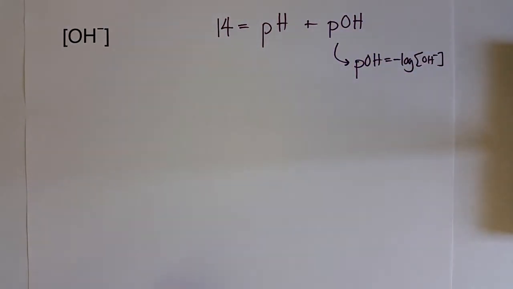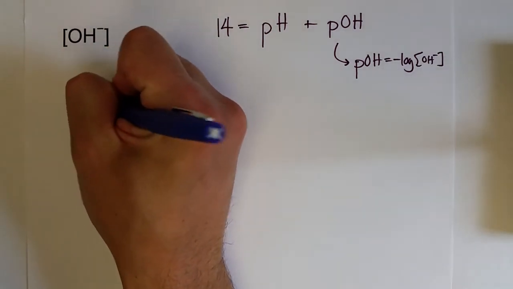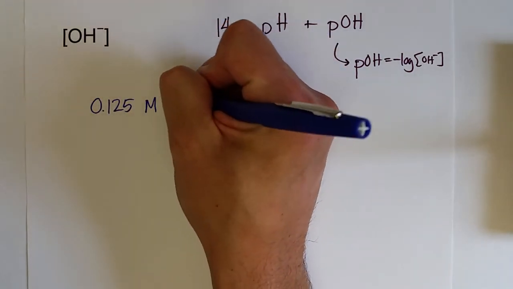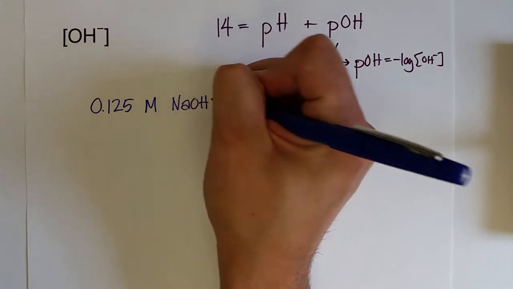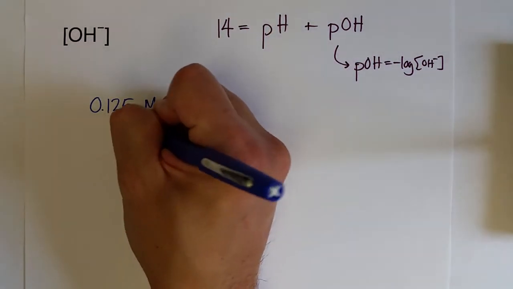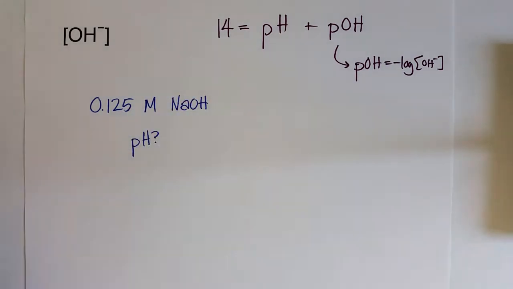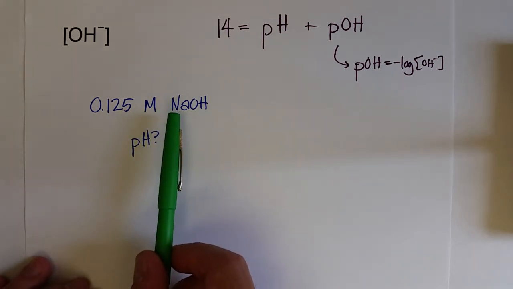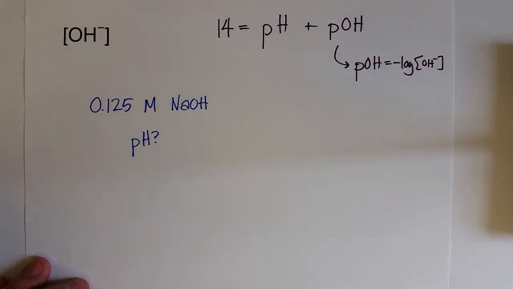And so what we could do is say we have a 0.125 molar sodium hydroxide solution. We want to figure out the pH of that. Since this is a strong base, we know that it ionizes, dissociates 100% because it's an ionic compound.